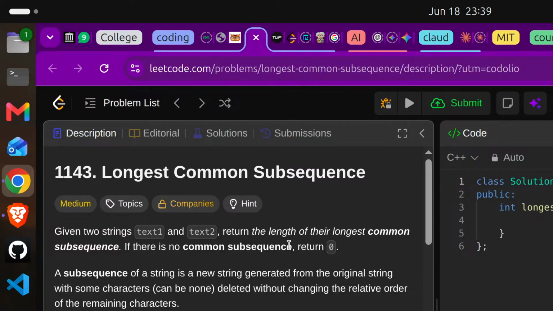This is a 3D solution, right? It will give TLE for the last 16 test cases.